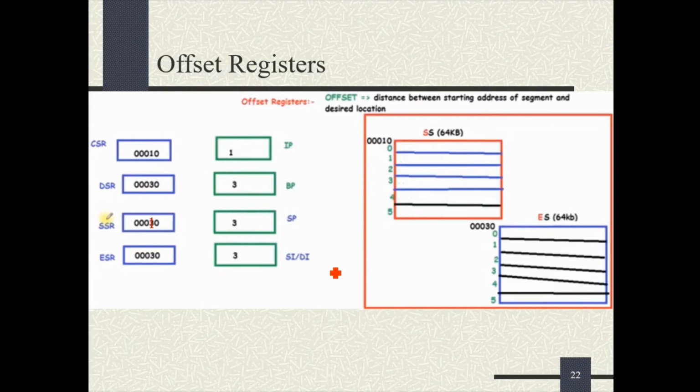Both segment registers and the offset registers are of 16 bits each. When computing the address, we get the 16 bits from the segment registers and the 16 bits from the offset registers. But we have to compact this address into 20 bits as we are having a 20-bit address bus in our scenario.